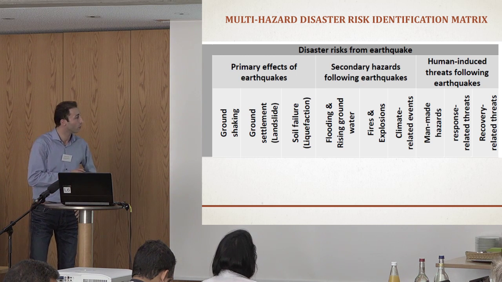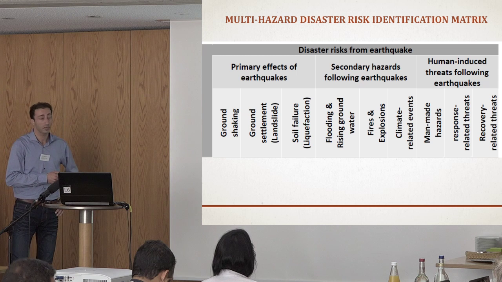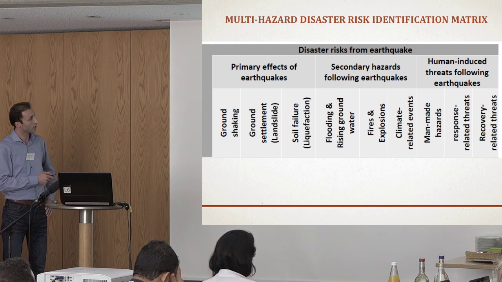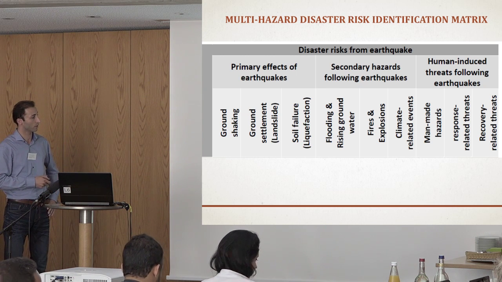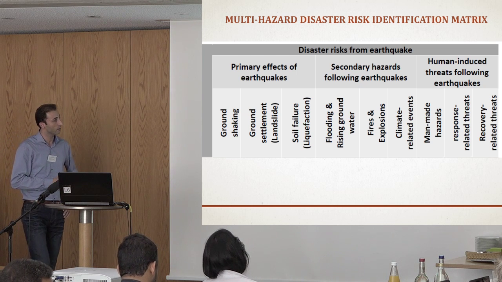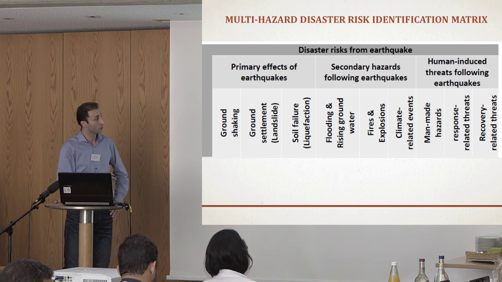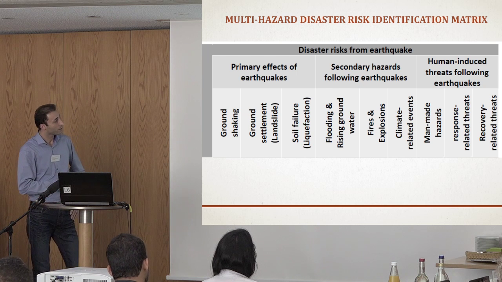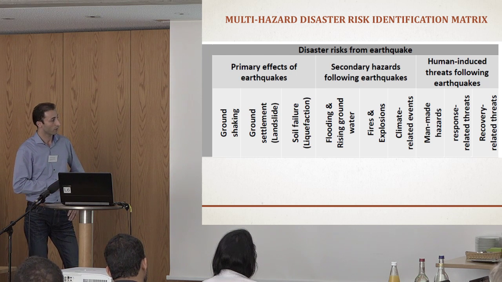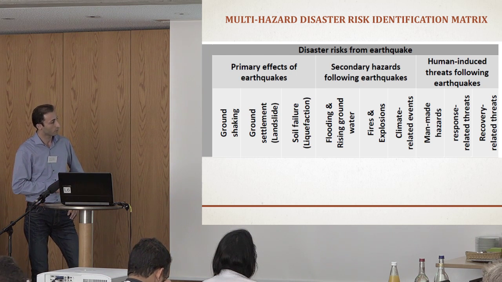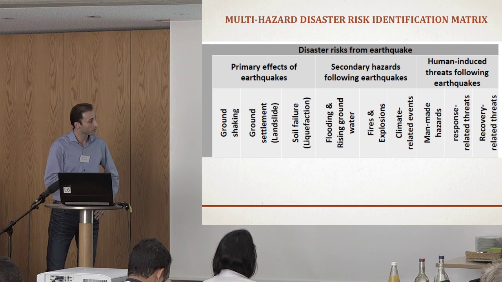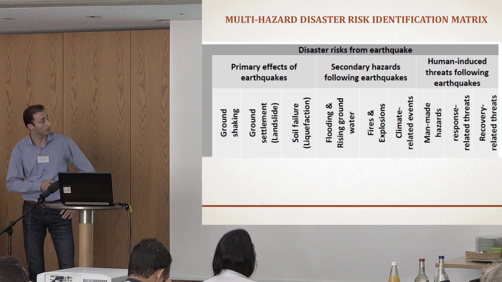For example, when we are looking at an earthquake, a primary hazard of earthquake, we are looking at primary effects of earthquake, like ground shaking, landslide, liquefaction, but we should also consider the secondary hazards, like flooding, rising groundwater, fires, explosions, climate-related events after the earthquake.